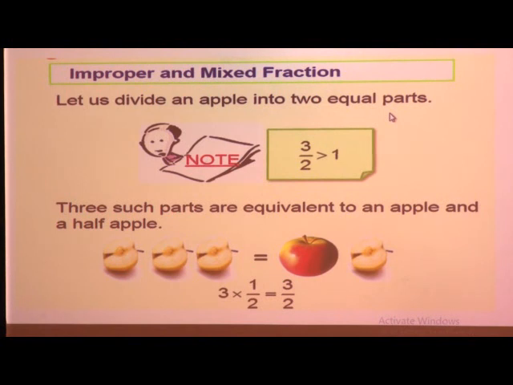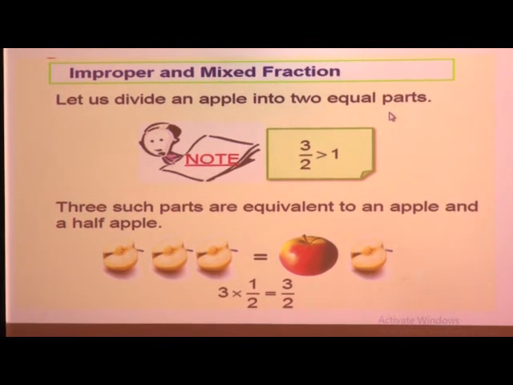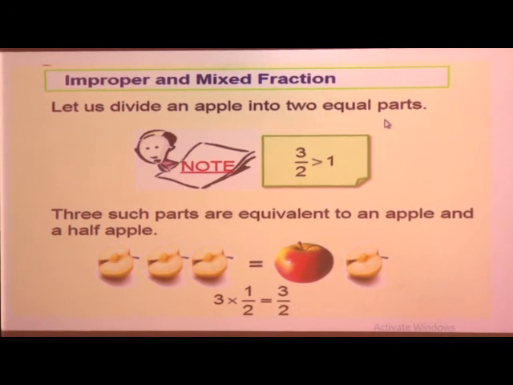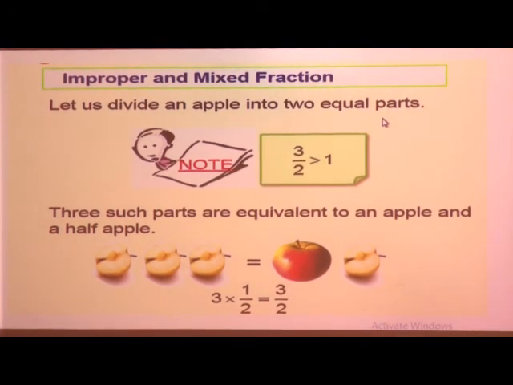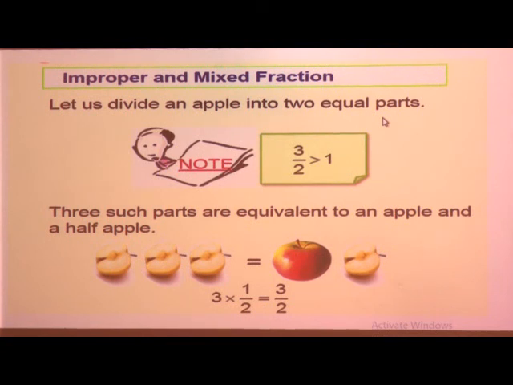Yes, the apple can be easily divided into 2 equal parts, but 3 such parts are equivalent to an apple and a half apple. Okay? It means we need to divide now. We have 2 equal parts, but when we have 2 equal parts, the apple can be divided into 3 people or 3 students. 2 parts, but 3 students.